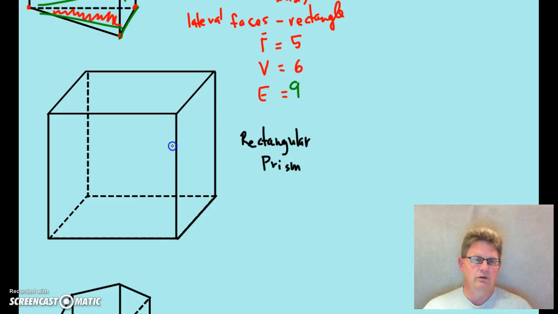Okay, how many faces? Well, obviously 6 if it's a cube. And how many vertices? 1, 2, 3, 4 on the top, 4 on the bottom, 8. And how many edges? 4 on the top, 4 along the lateral faces, and then 4 along the bottom, 12.